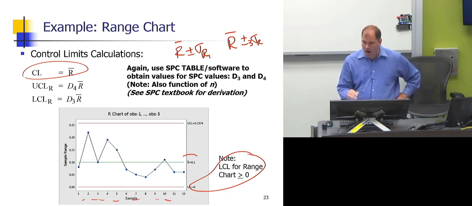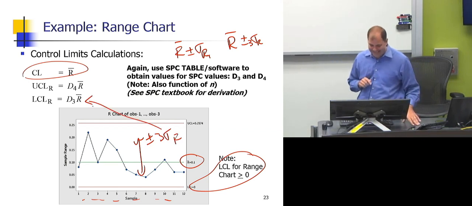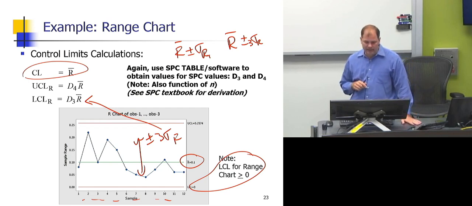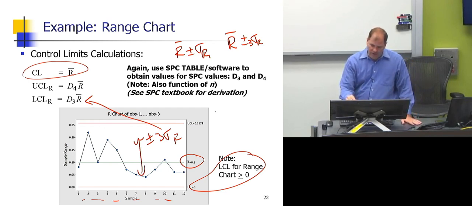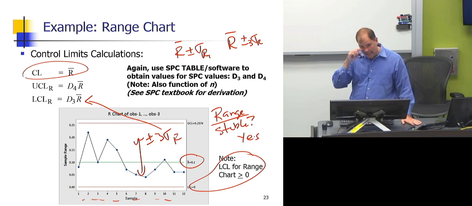All right, again, R bar, we got it from before. We set up our control limits, plus minus 3 sigma r's. We convert that using the D3 and D4 constants. In this case, is the range chart stable or not? Yes. You think it's possible for one chart to be stable but not the other? Absolutely.